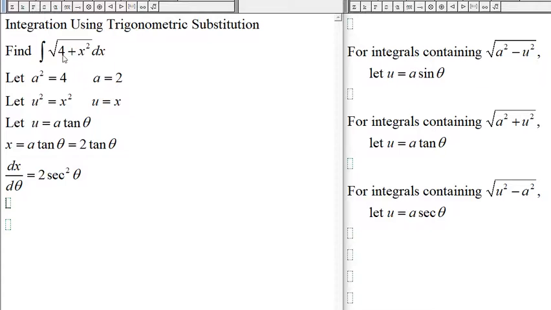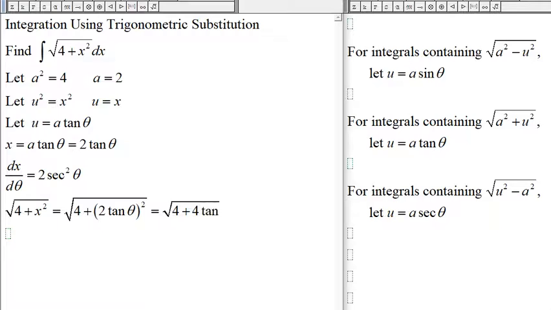And then let's go ahead and work on this part first. So we have the square root of 4 plus x squared. So this is the square root of 4 plus 2 tangent of theta squared. And then this becomes 4 plus 4 tangent square theta.